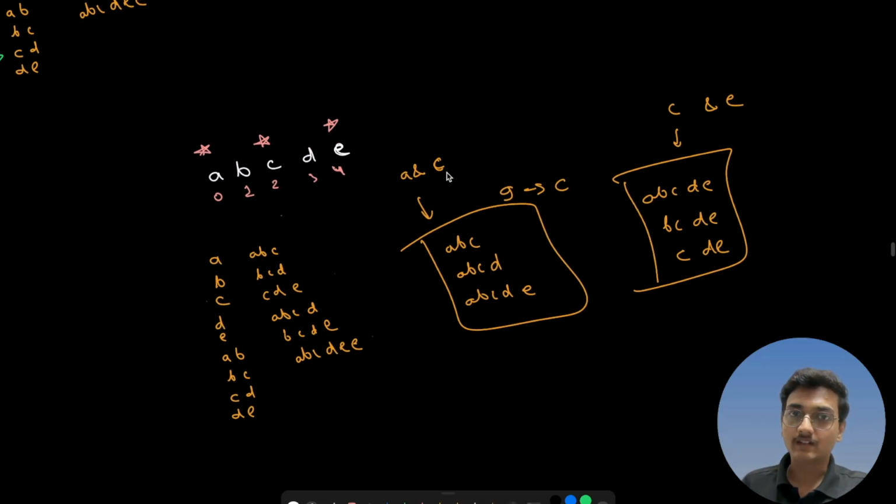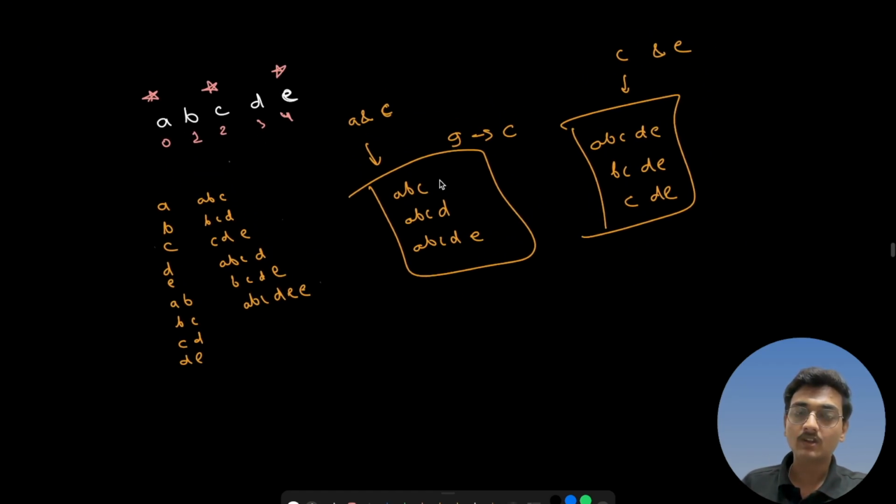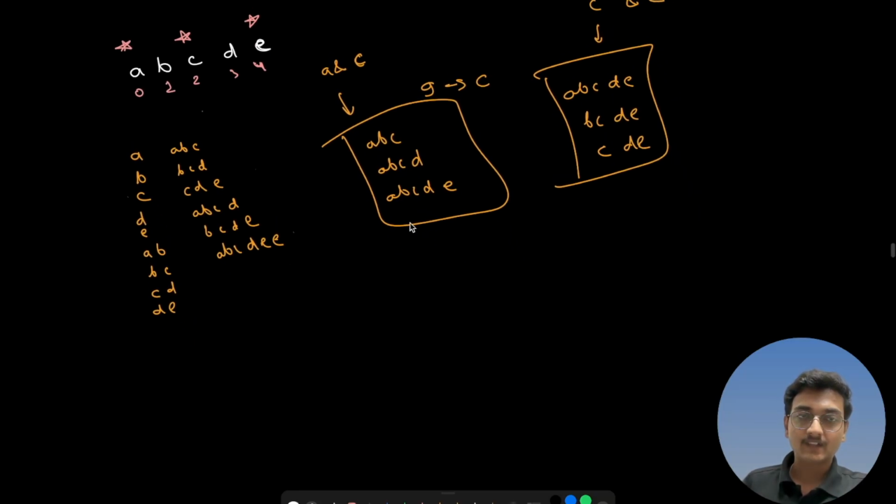So in total we have 9 substrings that include this C. Let's try to find out how we can eliminate these. I think I can eliminate this because it contains A, yes, I can eliminate this, and this. Now let's see all the Cs.